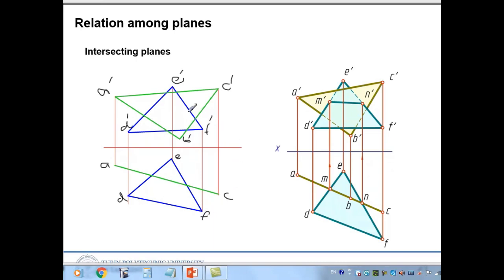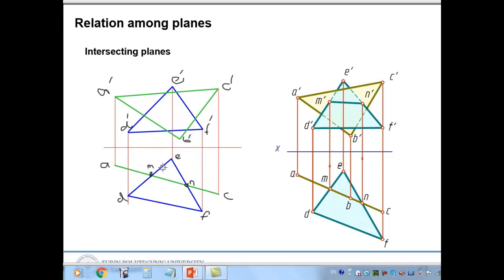Okay, so how to find where is the intersection line or intersection points. So we'll define this point M and N, and where is M point?